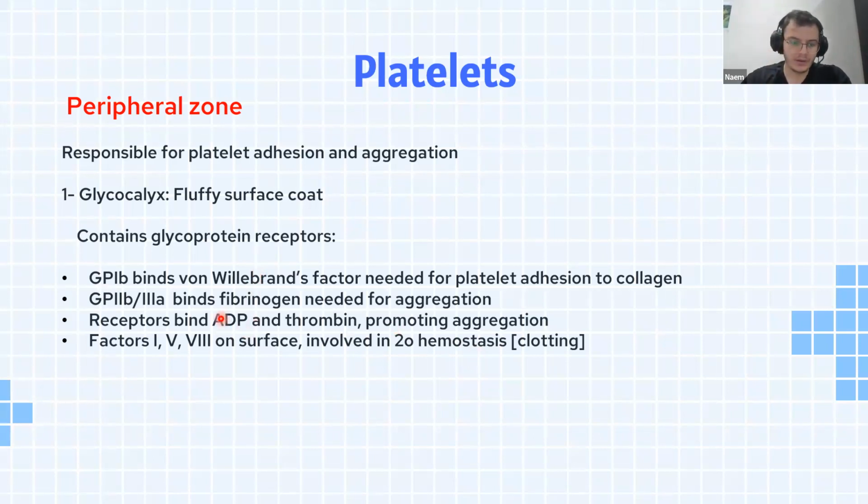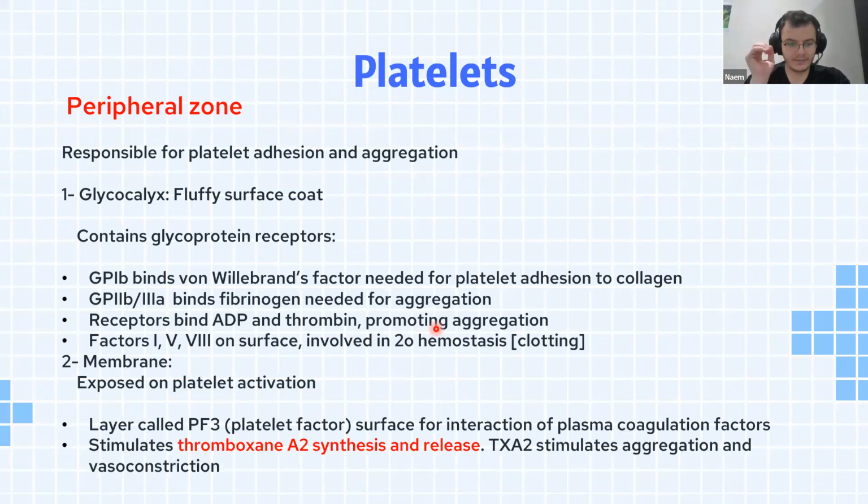Now, second of all, membrane exposed on platelet activation. Basically, the membrane of the platelet will be exposed on platelet activation. The membrane has something on its surface called platelet factor 3.